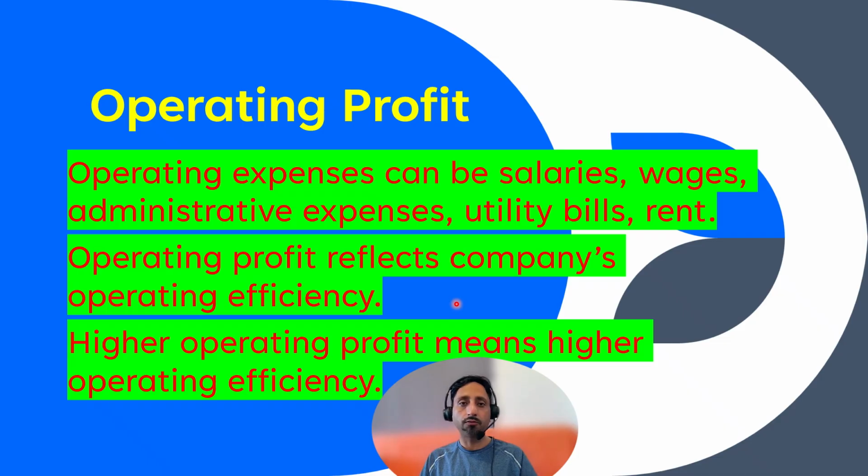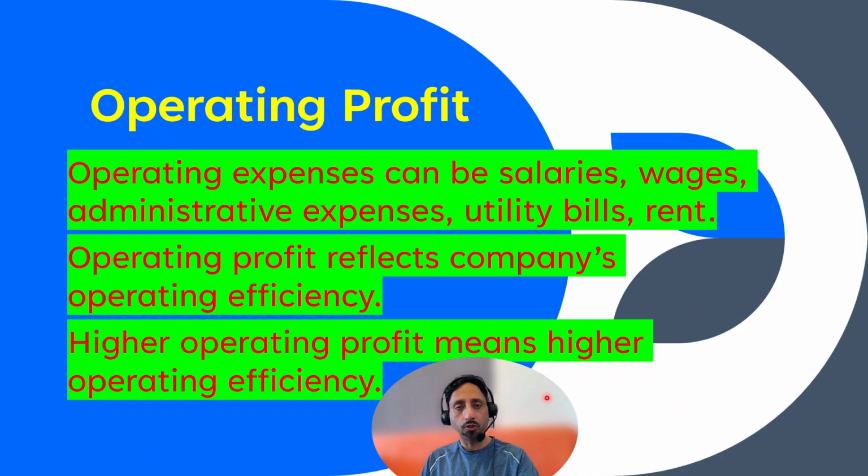So if in a year the operating profit is going down, then that's an alarming sign and an indication that there is some problem with running the operations within a corporation. So higher operating profit means higher operating efficiency.